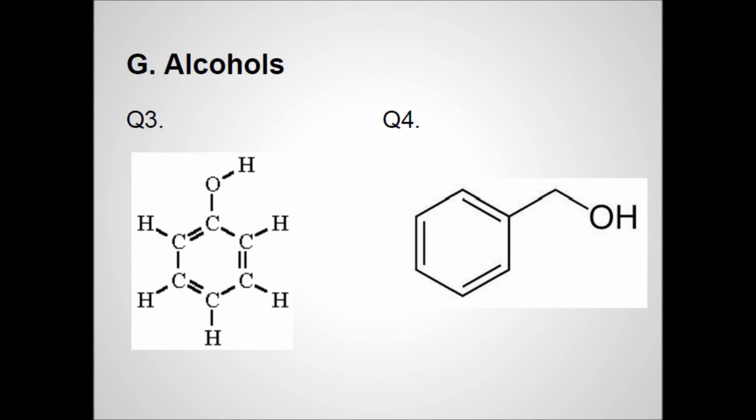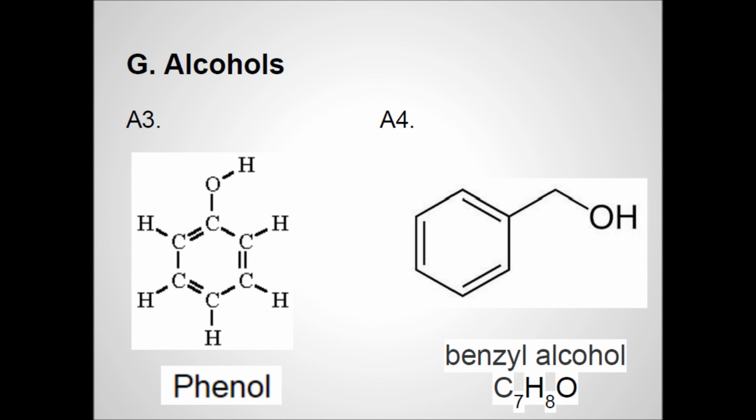For question number 3, it is phenyl because there are 6 carbons attached to each other with alternating double bonds. Then you can see 1 O and H are connected to the first carbon. For question number 4, it is ethyl alcohol because it has to be ethane, but OH replaces one H, and O and H are connected to the first carbon.